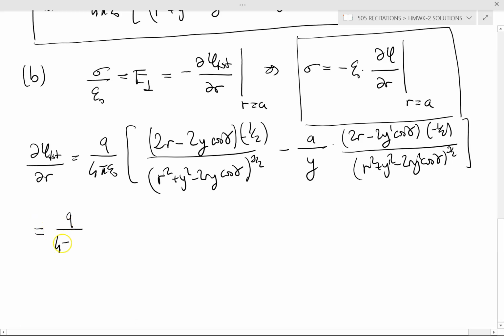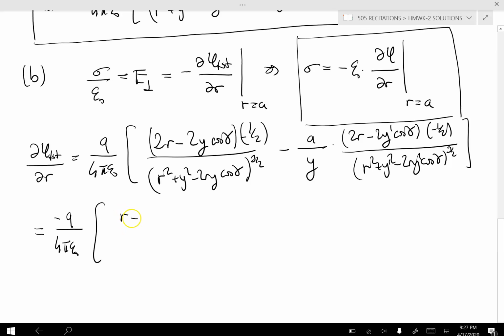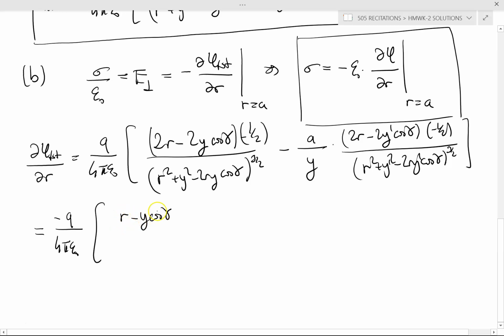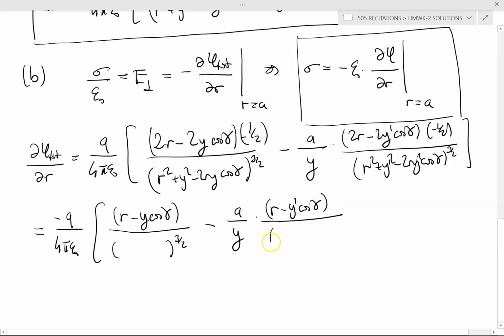Q over 4 pi E0, right? Minus, let me put the minus sign out. R minus y cosine gamma divided by this expression, minus a over y, R minus y prime cosine gamma divided by this expression.